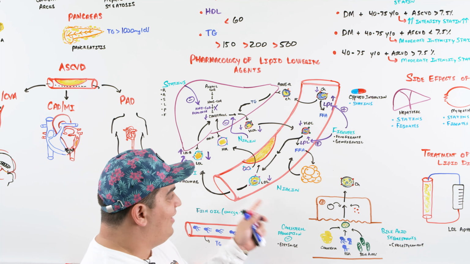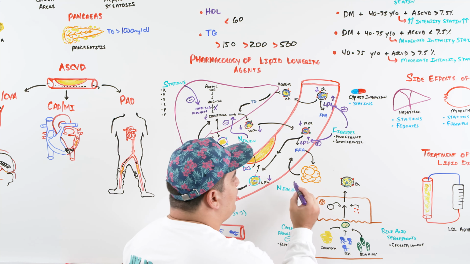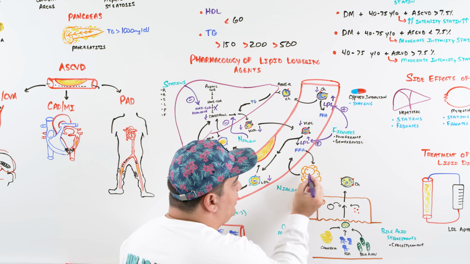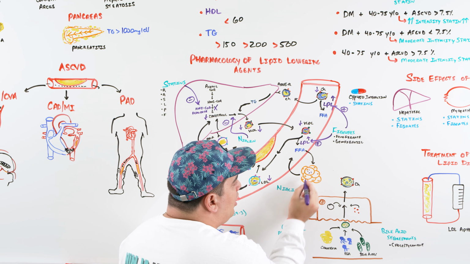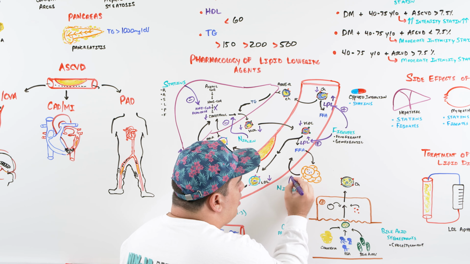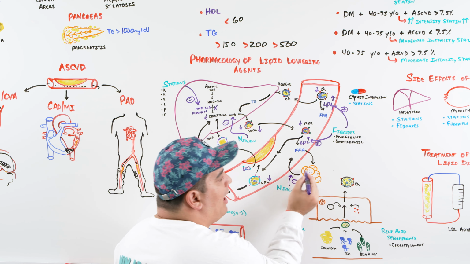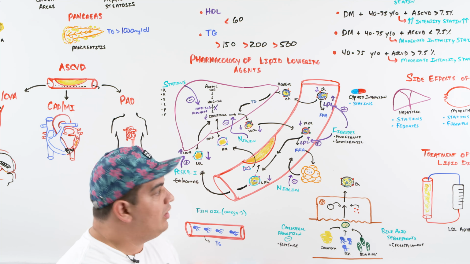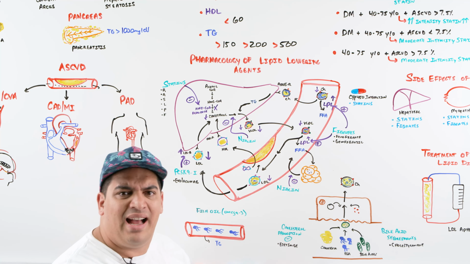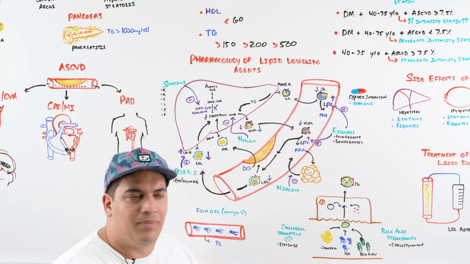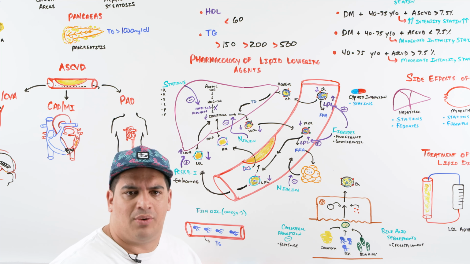The other thing is that niacin has been shown to work on adipose tissue, which contains lots of triglycerides. Niacin may also inhibit the lipolysis from the fat tissue, basically lowering the amount of free fatty acids inside of the bloodstream. And that may lower your total triglyceride levels as well.